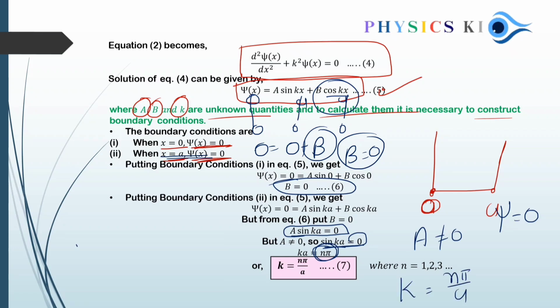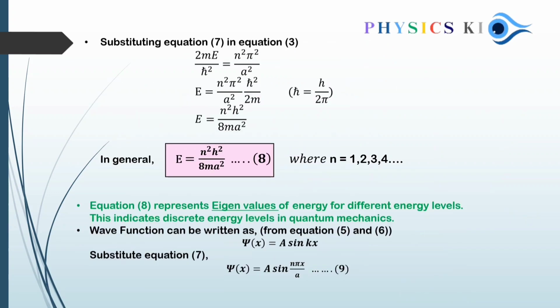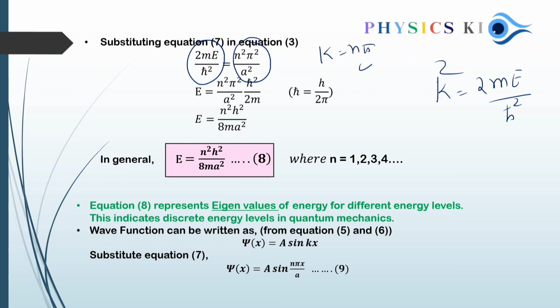Now remember what we assumed: 2mE divided by h cut square is equal to k square. So this is your assumption, and what we get is k square equal to n pi by a whole square.